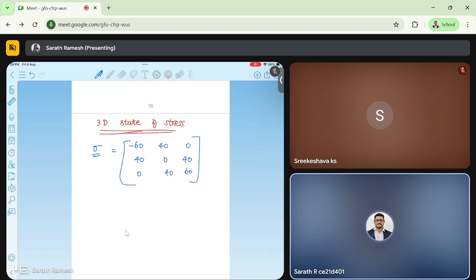This is the given state of stress. Now we want to find the maximum principal stress, minimum principal stress, maximum shear stress, and the plane at which the maximum principal stress occurs, and also finally the octahedral stress. So we'll go one by one.